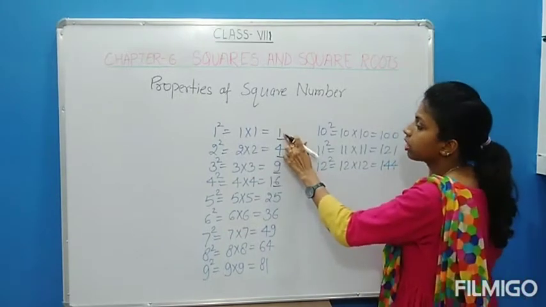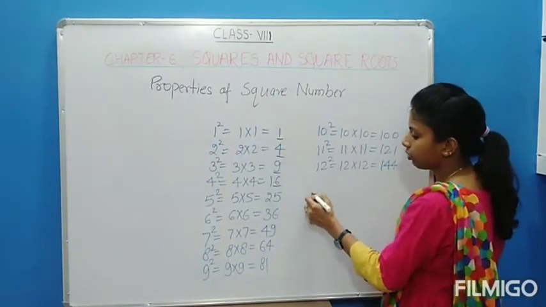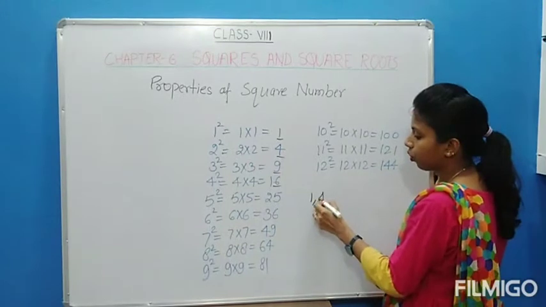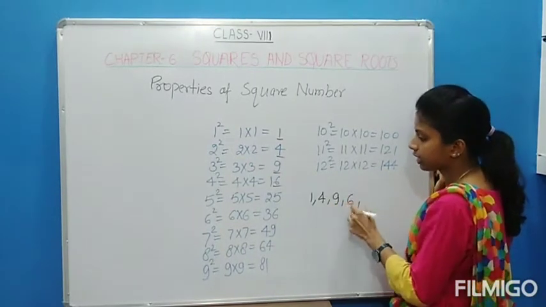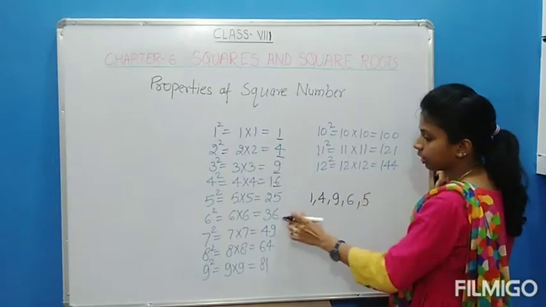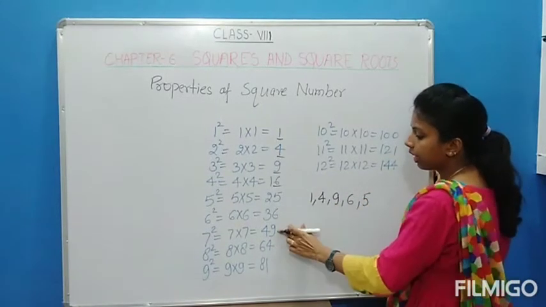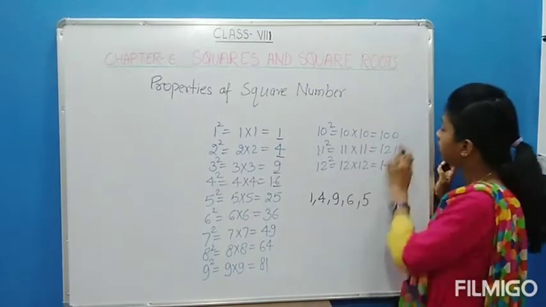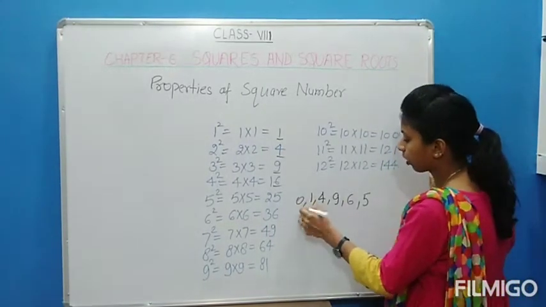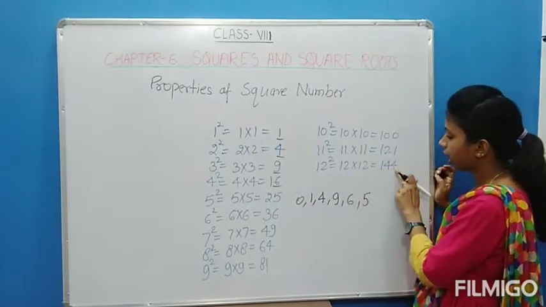Let's observe it. At the unit place, first we get 1, then 4, 9, then 6, then 5, then again 6, then again 9, then again 4, again 1, then 0, again 1, again 4.